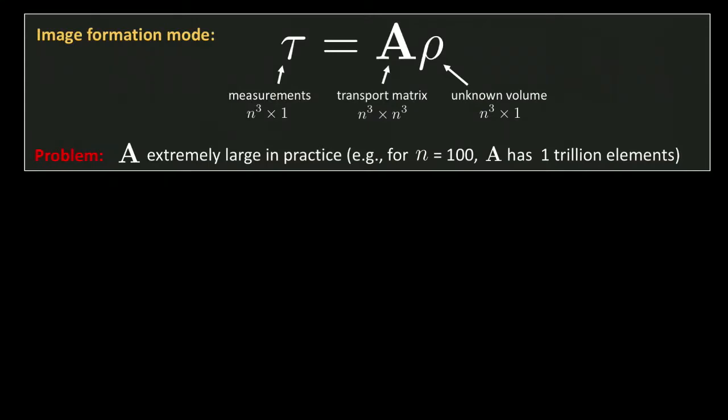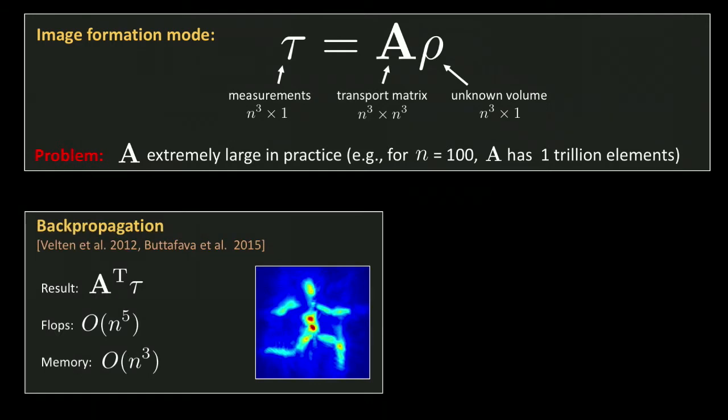And so there have been two solutions done so far. The first, which is the original method, is to just approximate the solution from the measurement. So instead of inverting the whole system, you can just compute the transpose of the matrix A, which is much more efficient to compute. And you get the result, and you can apply some heuristic filters to try to sharpen the results, and you get some images that look a little bit like this.